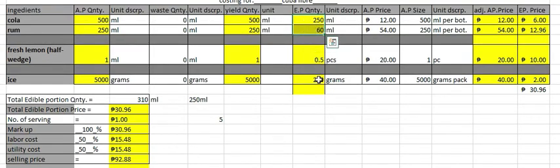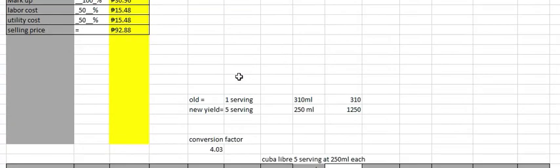However, the fresh lime and ice are also included to be quantified. So this recipe is only one serving with 310 ml of rum and coke. Now we are going to produce this into 5 servings with 250 ml of rum and coke. So the question is how.